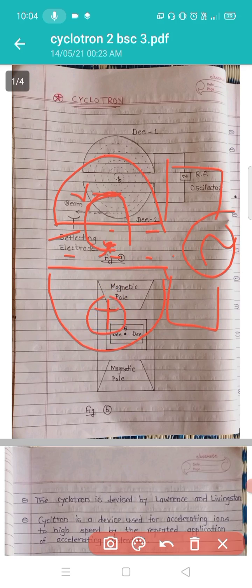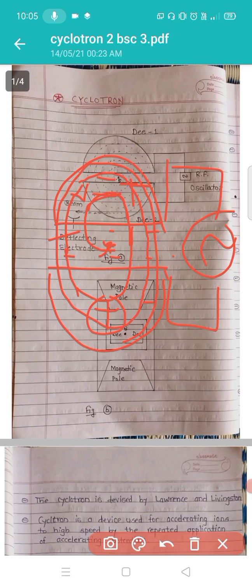The positive becomes negative and the negative becomes positive, and the particle gets attracted towards the second D. Then it again comes into the gap, it again gets accelerated and the polarity gets changed, and it is again attracted towards D1, and it follows a semicircular path of greater radius, and like that it continues.